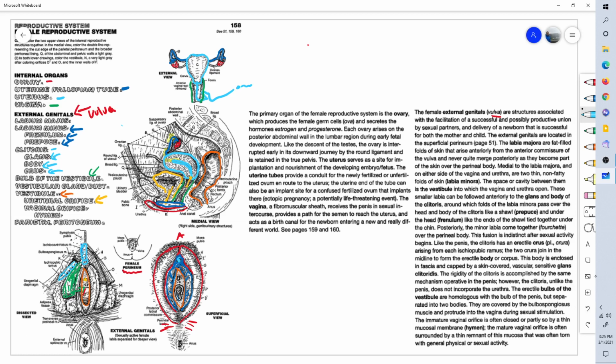And what happens is, after first sexual activity, the hymen breaks. It's a thin membrane, and there may be, into adulthood, a sort of layer of the hymen remaining. And that's what's shown in light blue here.